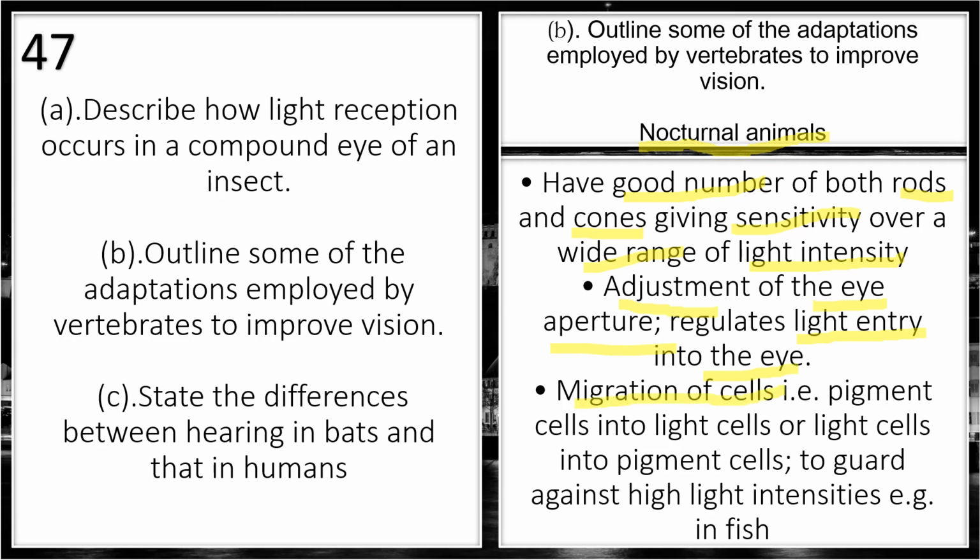Migration of cells, that is, pigment cells into the light cells, or light cells into pigment cells, to guard against high light intensities, for example in fish.